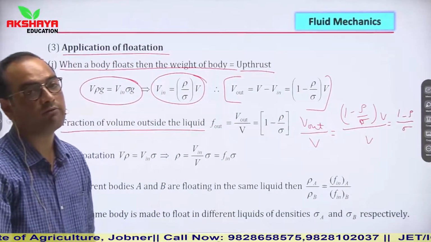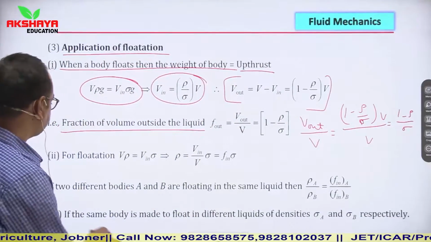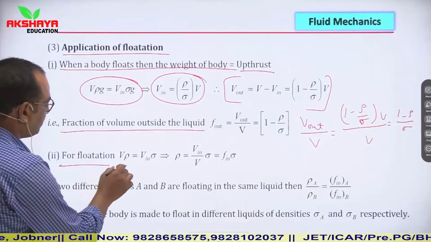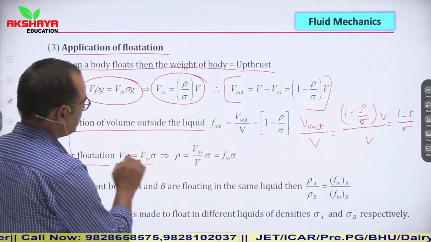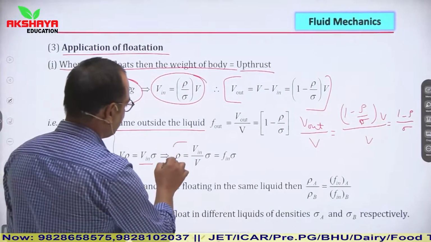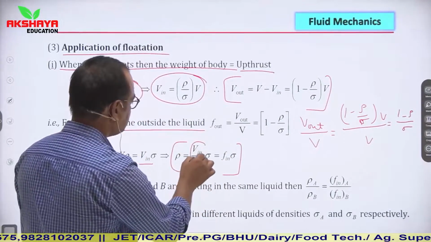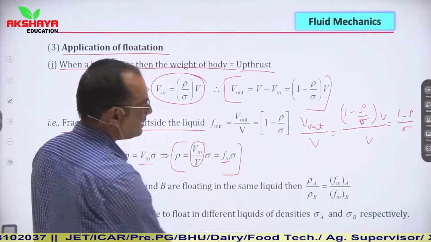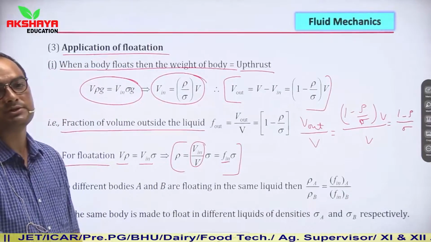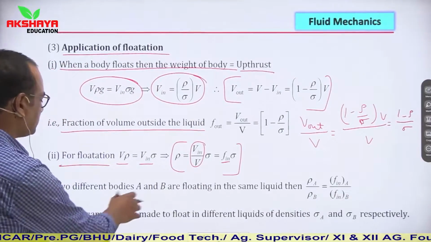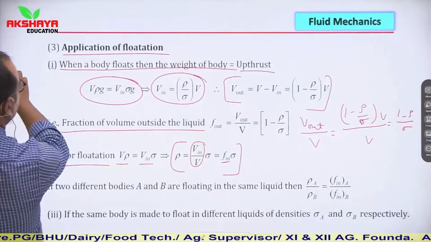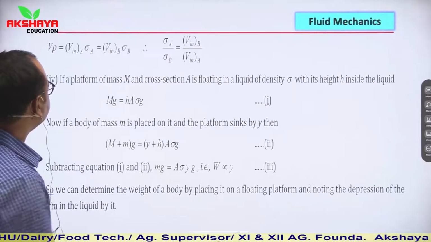This is the fraction of volume outside the liquid. For flotation, V rho is equal to V in sigma, or you can say that rho is equal to V in upon V into sigma, and V in upon V is the fraction which is inside the liquid. So these are general cases based on floating application.